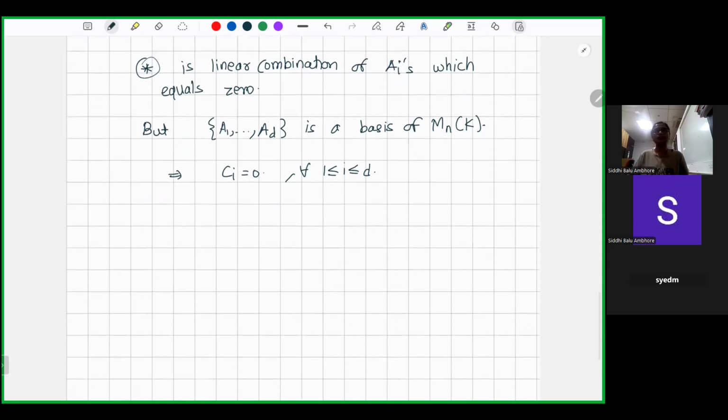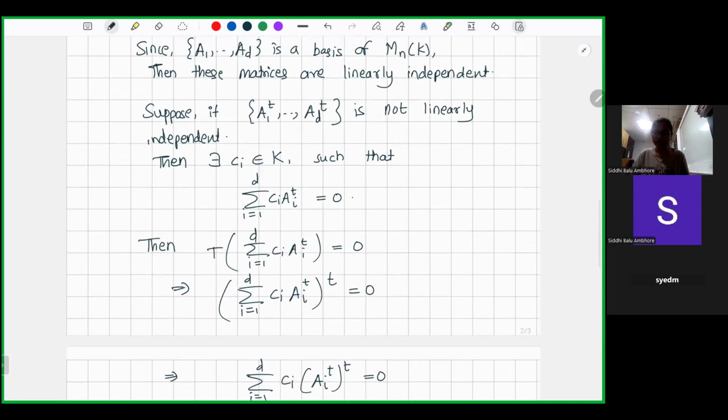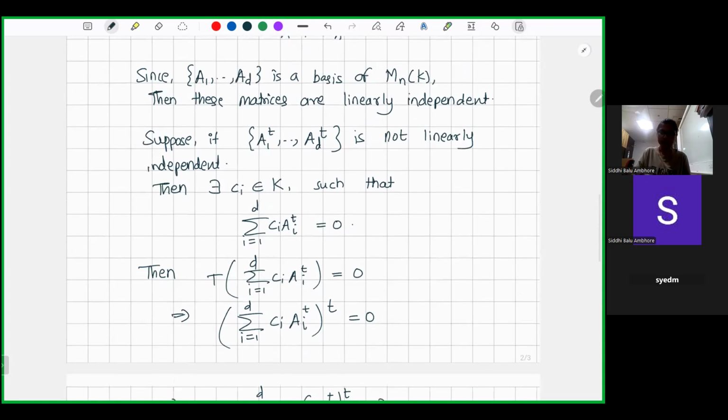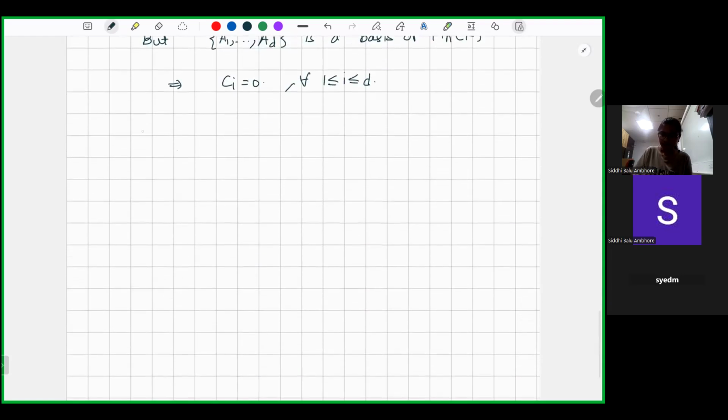This is what we will have. So this will imply the initial guess, this linear combination here. So therefore summation ci ai transpose, i from 1 to d, is equal to 0 implies ci is 0 for all 1 ≤ i ≤ d.